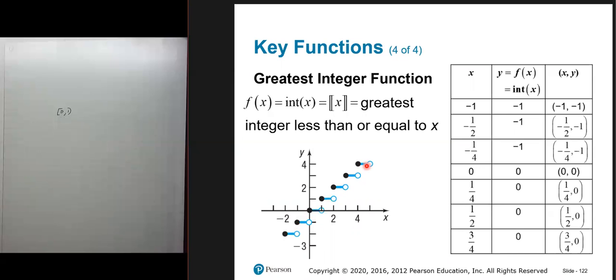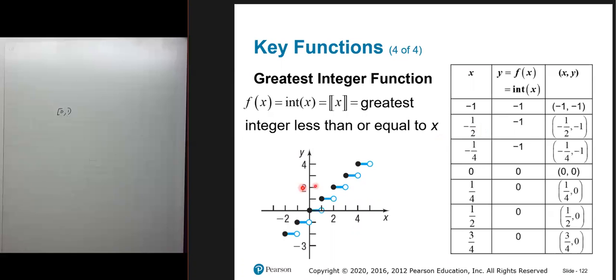The greatest integer function is the greatest integer less than or equal to x. So at -1, -1 is equal to -1, and that's the greatest integer that's smaller than or equal to it. Now, when you go to -1/2, the largest integer that's less than -1/2 is -1.